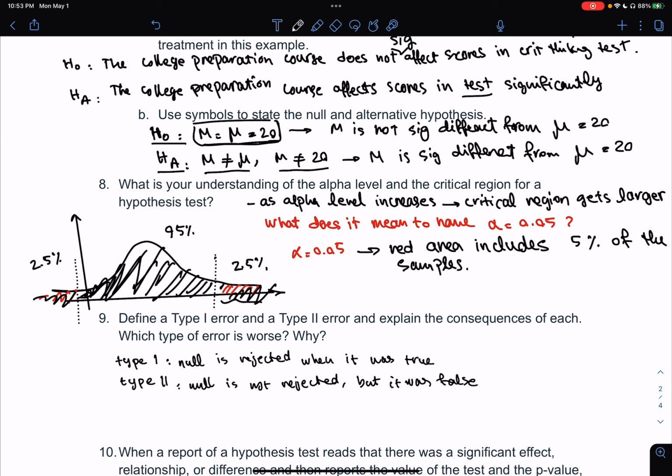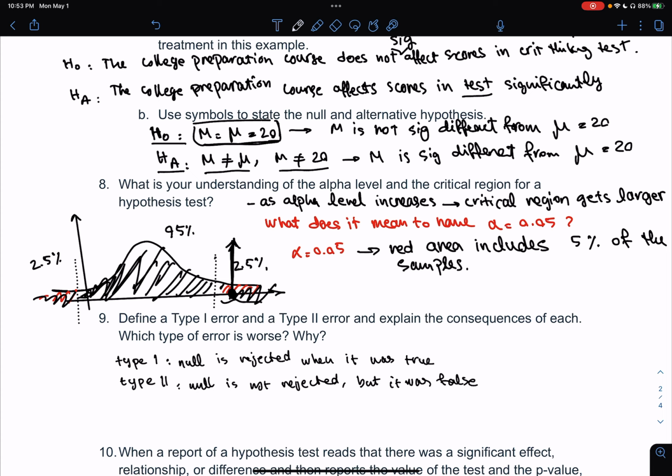And what we do is, if we find a sample which has a value here, so let's say we have a sample that has the mean that is here.